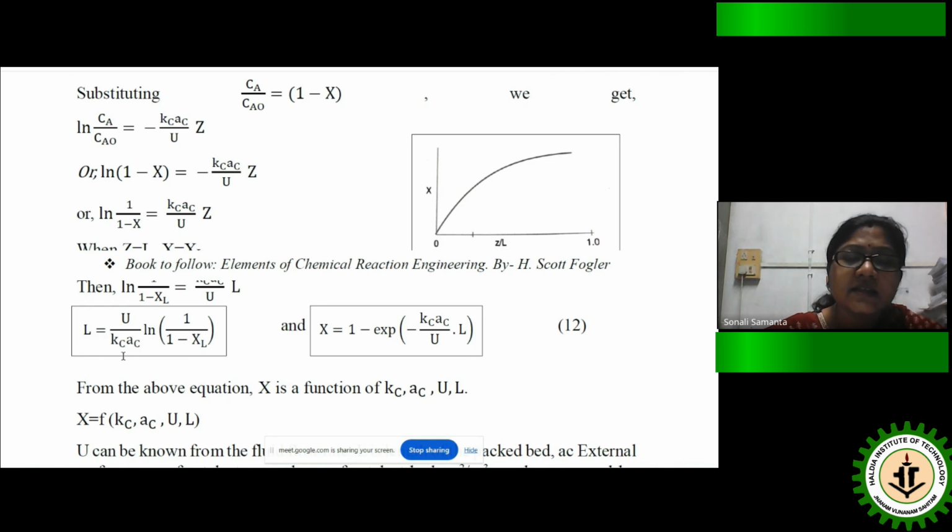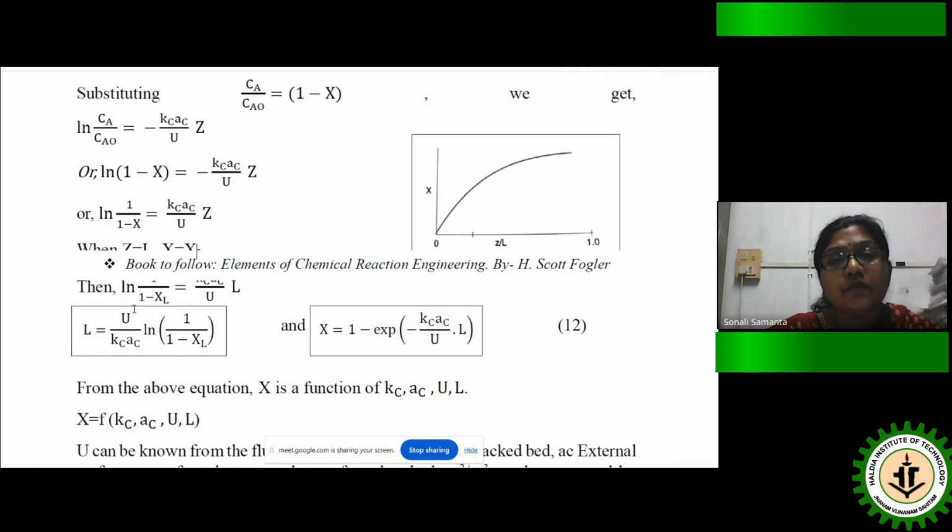So Ac is actually what? Ac is the external surface area of the catalyst per unit volume of the reactor. That can be easily found out by characterization of the catalyst. From the BET surface area, you can find out the external surface area of the catalyst. U is nothing but the superficial velocity.